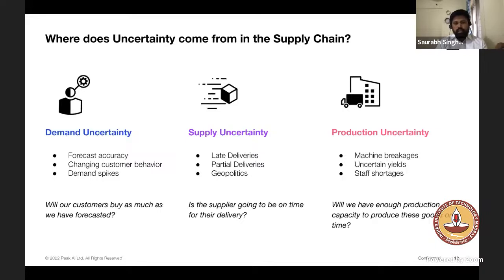Second is the supply side uncertainty, which essentially means, is the supplier going to be on time for their delivery, right? So for producing a finished good, you might require some raw materials, okay? And these raw materials are coming from a supplier which can be located in different parts of the world. We are a global economy in today's time.